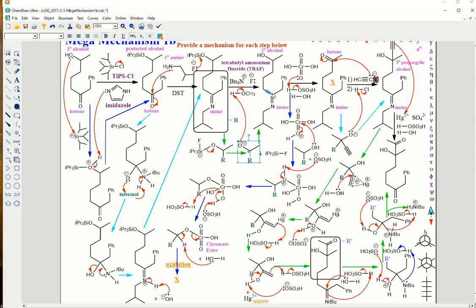Here's our deprotected alcohol, and it's going to undergo oxidation with chromic acid in the presence of sulfuric acid in an aqueous environment. Protonation of the chromonyl gives a chromonyl oxide, which undergoes attack by alcohol to give this oxonium, which is neutralized to give this hydrate of chromate ester, which undergoes oxidation to form our ketone, X.